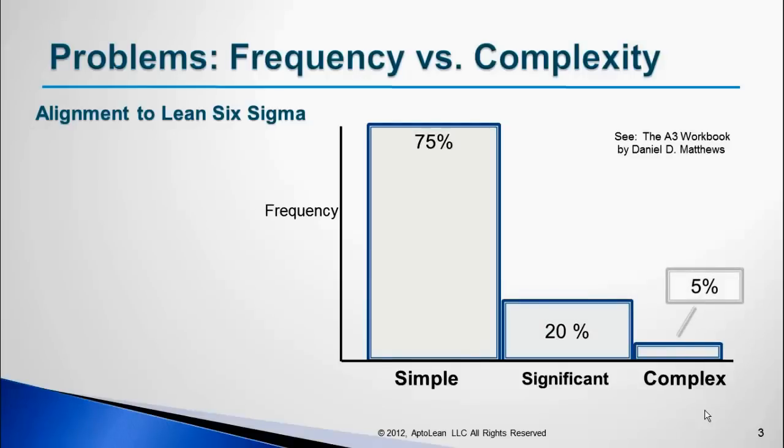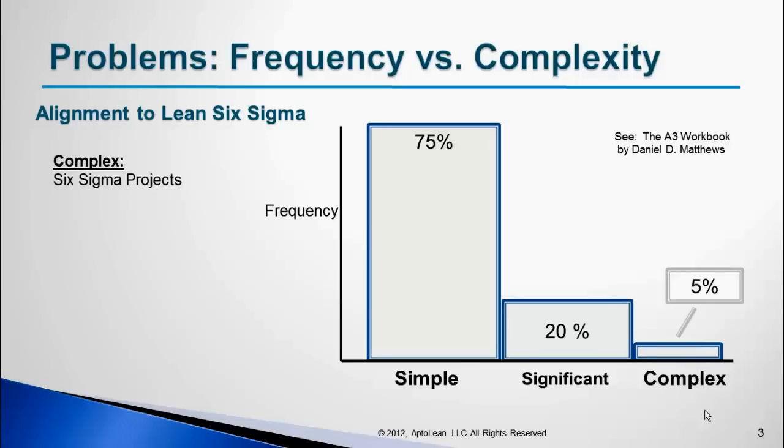Now, how do these categories of problems align with Lean Six Sigma? Well, the complex issues were often the kind that fit Six Sigma type projects, design of experiments or statistical methods to determine proper machine settings, mixtures of ingredients, or comparing complicated routines.